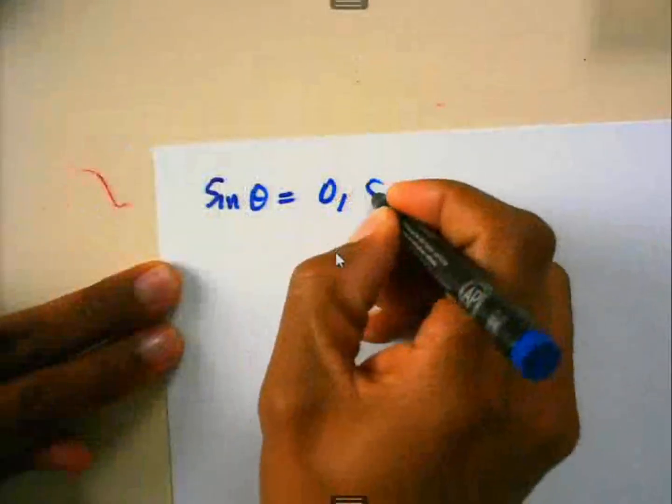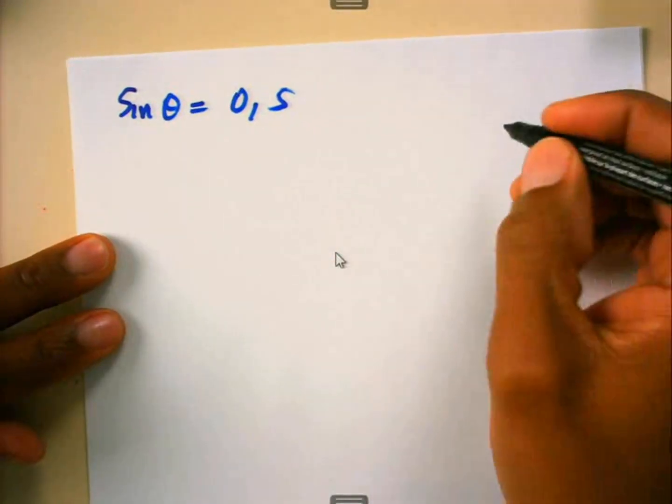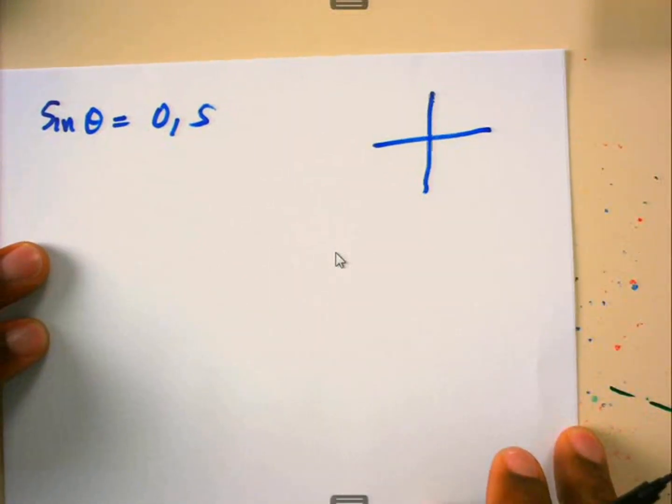Right, now let us start first with the equation. Say, for an example, we have sine theta equals 0,5. Boys and girls will agree with me that when you solve this type of equation, the CAST diagram is very important.